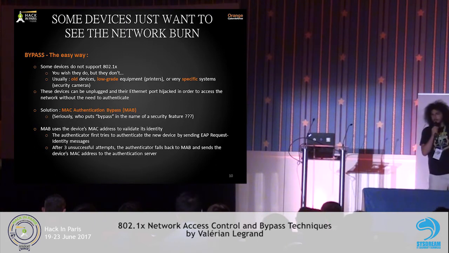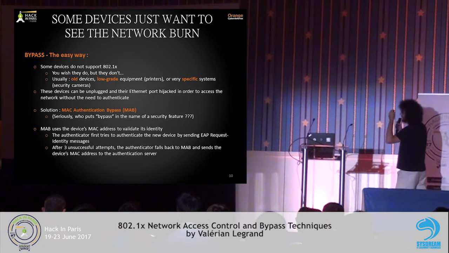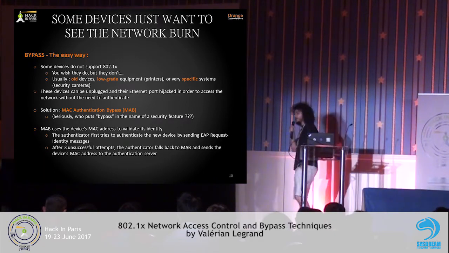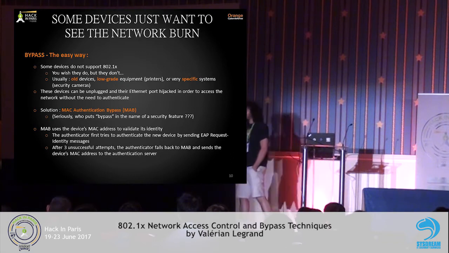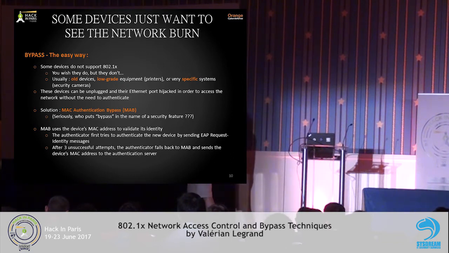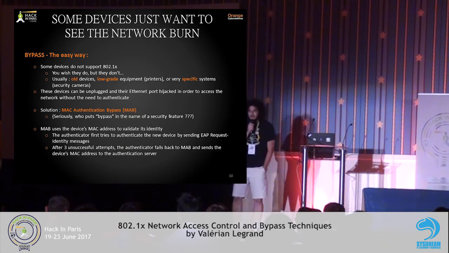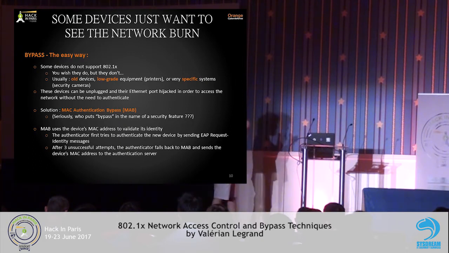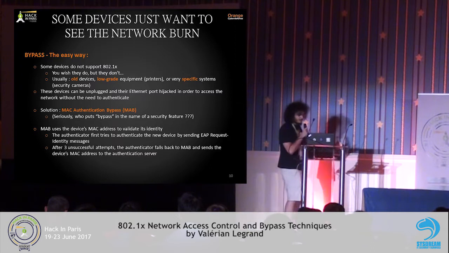not support the 802.1x standard. As I said, it's a pretty recent standard, so if your printer was created in, I don't know what year, '90, it won't support the .1x protocols, so network administrators won't be able to set that up for the printer or workstation or low-grade equipment, whatever it can be.